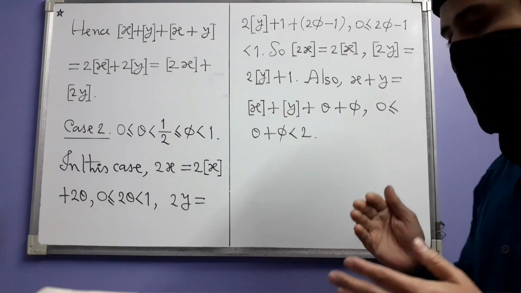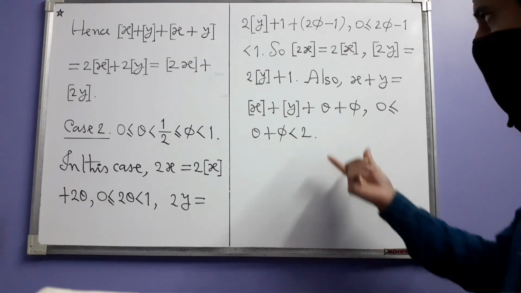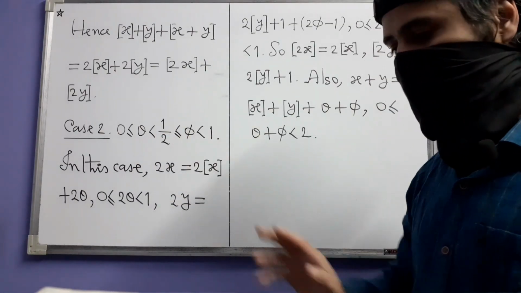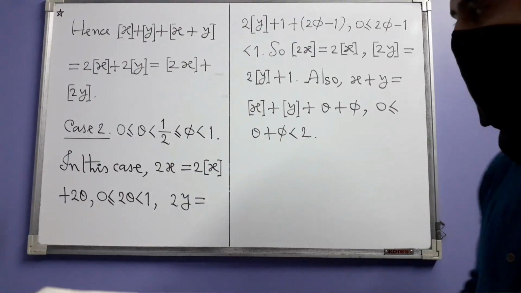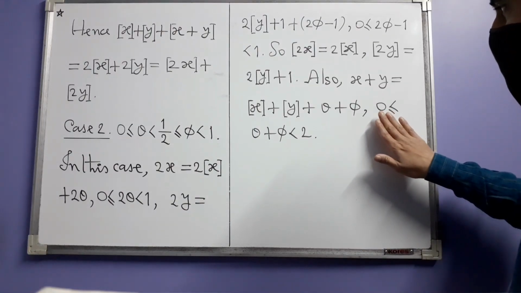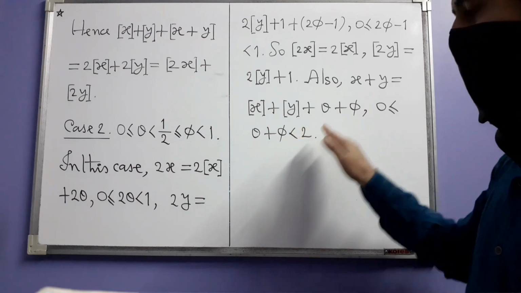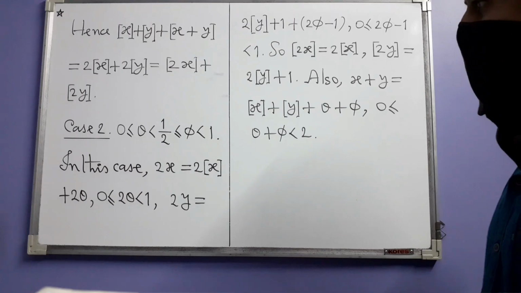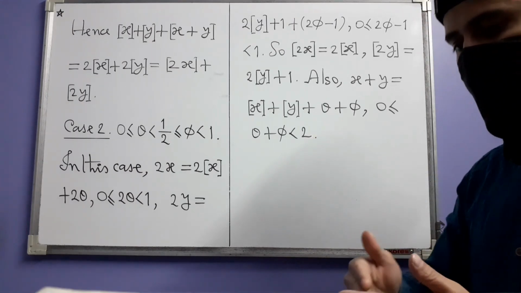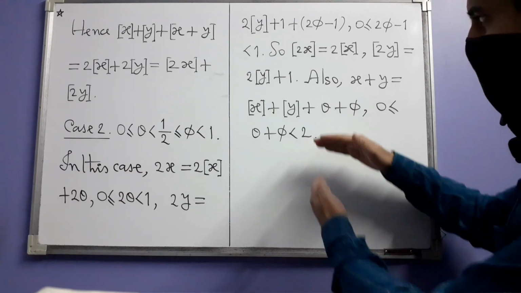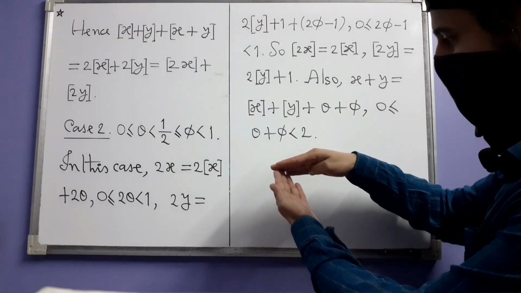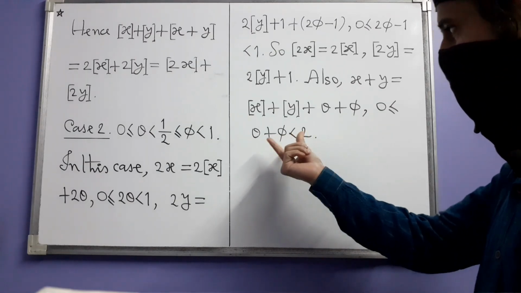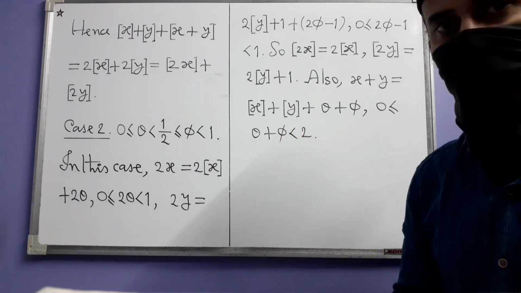However, this time we are not immediately able to say anything about theta plus phi because of these asymmetric inequalities. Theta and phi do not satisfy the same inequalities. So at most what we can say is that it is greater than or equal to 0 and less than 2, which anyway comes from the original inequalities. But now, because of this inability to say something definite, this case itself further gets subdivided into two sub-cases depending on where theta plus phi lies in this interval between 0 and 2.